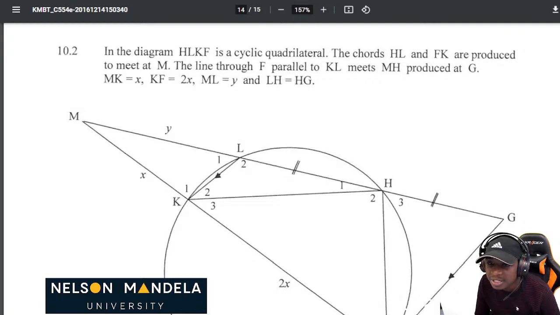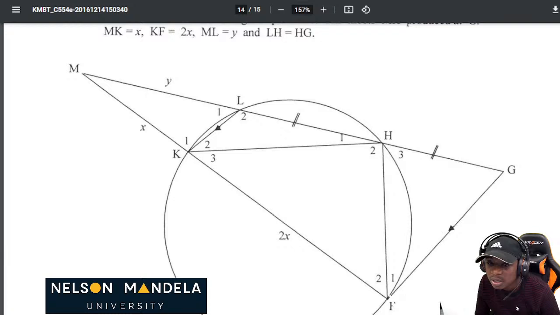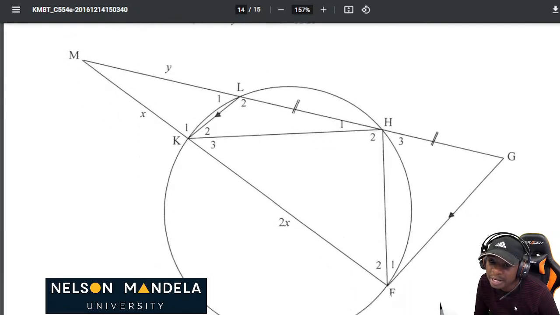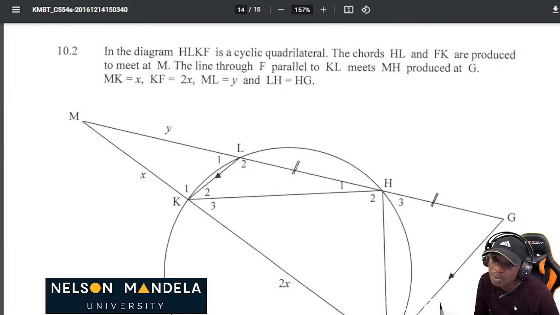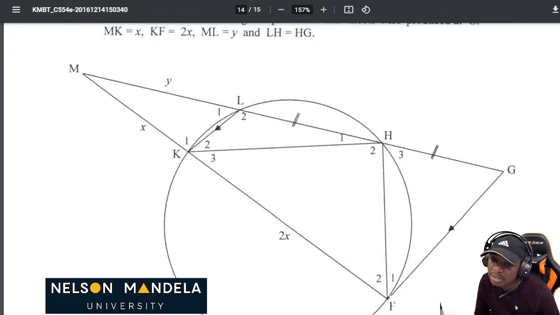Then LH is equal to HG, so those two sides are equal to each other. We also see that KL is parallel to FG. We are also told that KF is 2x and MK is x.